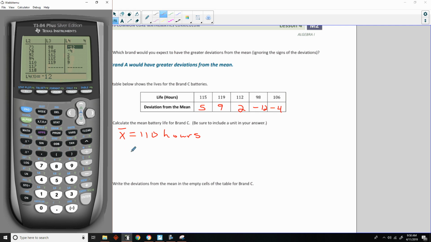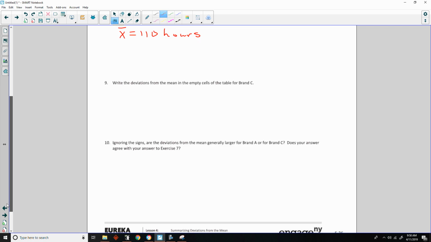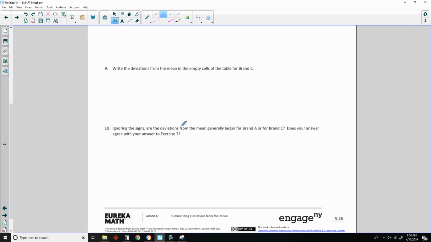All right, so write the deviations from the mean in the empty cells for brand C, so that's right there. Number 10, ignoring the signs, are the deviations from the mean generally larger for brand A or brand C? Does your answer agree with your answer to exercise 7?